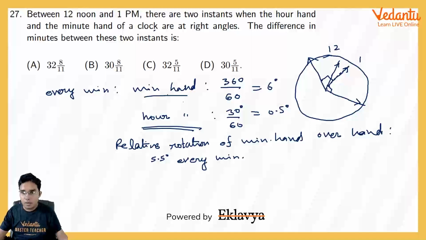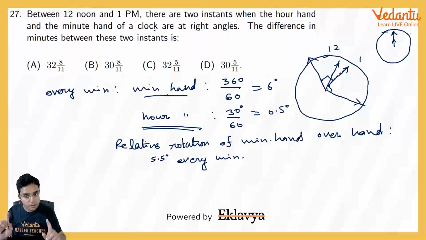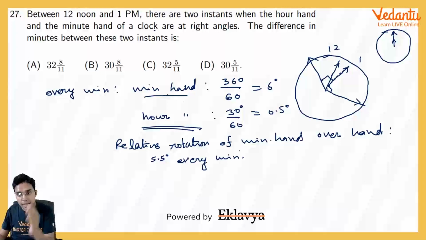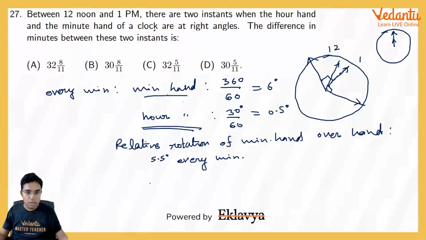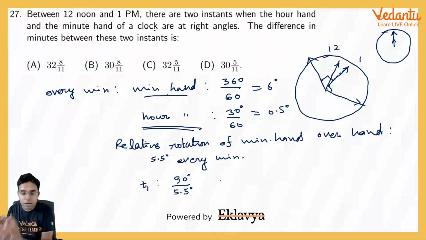Now if I start in the beginning when it is 12 o'clock, both hands are overlapping, so the angle between them is 0 degrees. When will be the first time the angle between them is 90? If I call this time T1 after 12 p.m., it should be 90 degrees upon 5.5 degrees, because in 1 minute there is 5.5 degrees relative rotation.